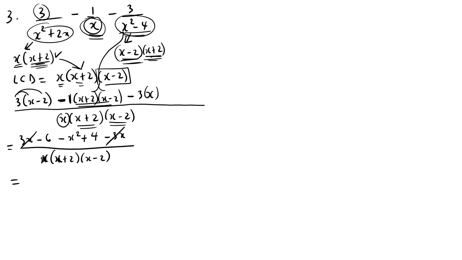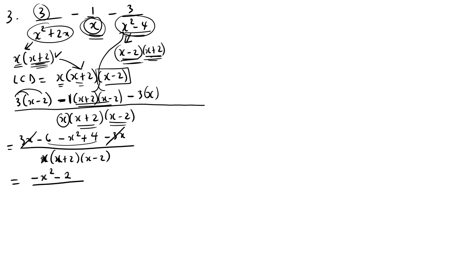What I have left is just this -6 and positive 4. We might get -x squared, plus 4, that means that will be -2. Let me just go ahead and do that. I combine that and get -2.